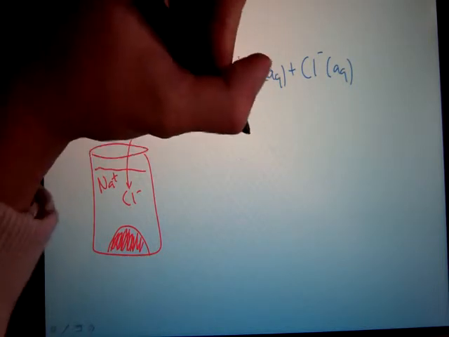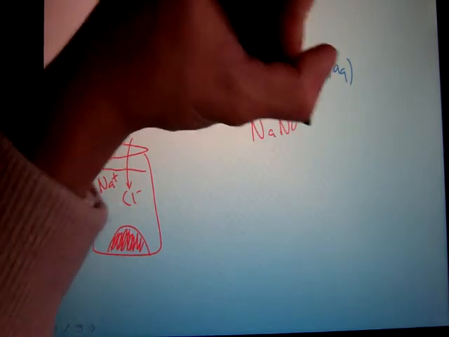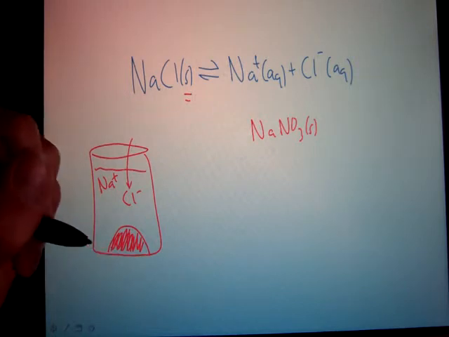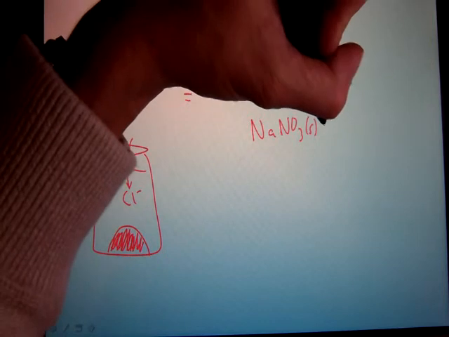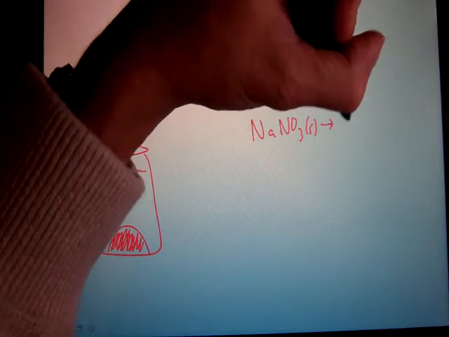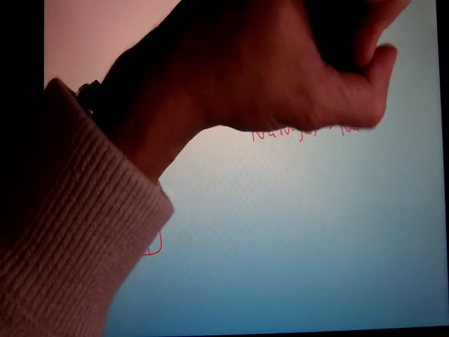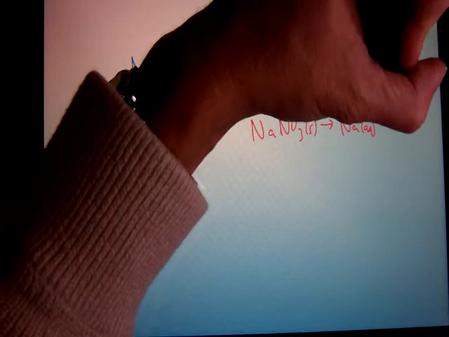Now how about if I add some sodium nitrate to the system? Well, first inclination might be nothing happens, so I don't have sodium nitrate in there. Remember, this is an ionic compound, and it's a soluble one. So when I add solid sodium nitrate, or any soluble ionic compound, first thing I'm going to do is dissociate it into its two ions.